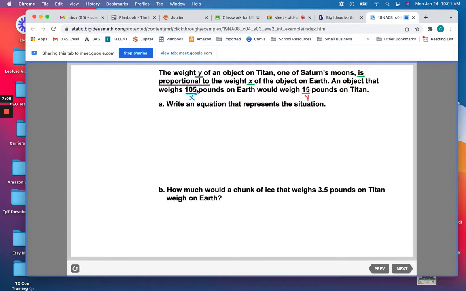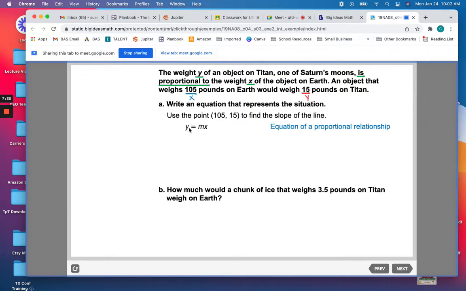So the pounds on Earth is 105, so that's our x. And the 15 pounds on Titan would be the y because of what they told you at the beginning of the sentence. You see that, right? Yes. Good. So we're going to plug that in where the 105 is x and the 15 is y. And we're going to use that information to find the slope.